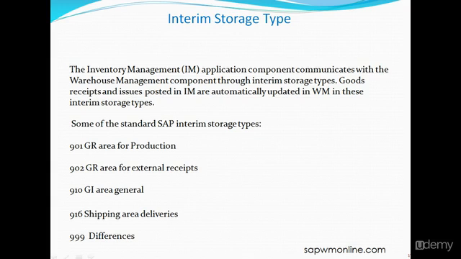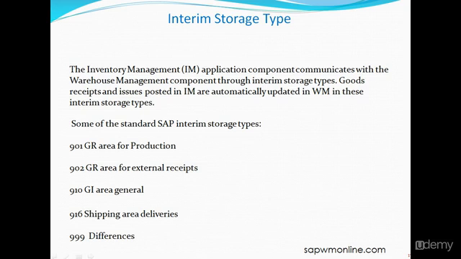Similarly, whenever you are doing picking for a delivery, you pick from the warehouse, the stock goes from the bin into the interim storage area 916. So when it goes to 916, the status of the delivery shows picked.